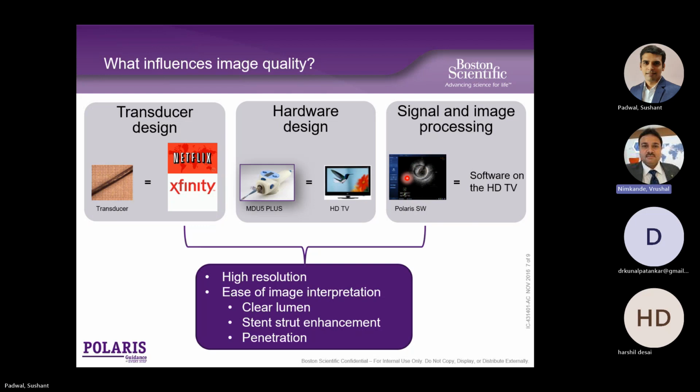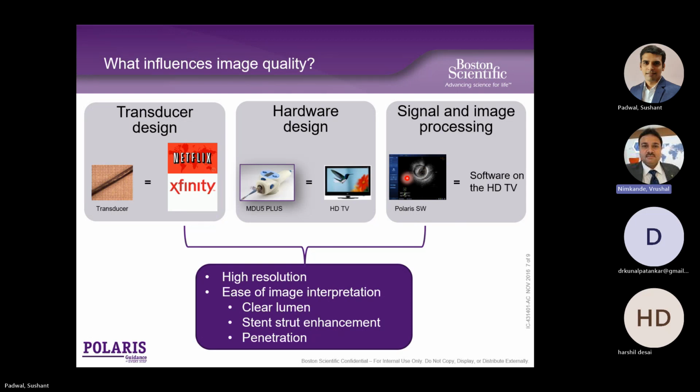So basically, this slide talks about the clarity of the image quality. It depends not only on what frequency of catheter you are using, but there are other components also involved in defining a much superior image quality: the transducer design, the hardware or graphics involved in the hardware, and the signal and image processing unit, the platform on which the entire system is working.